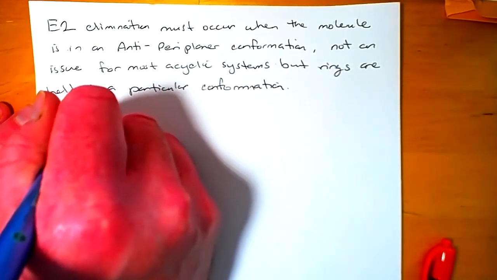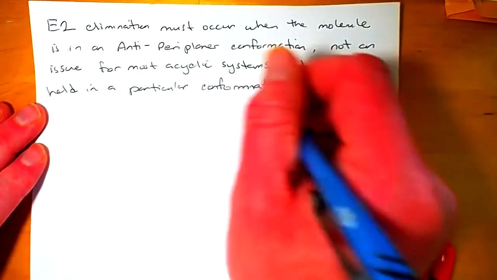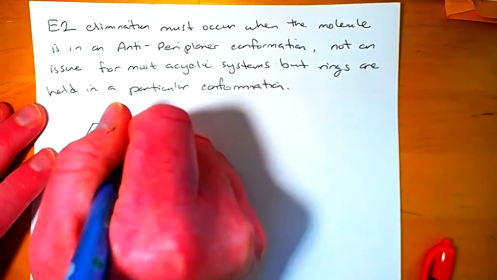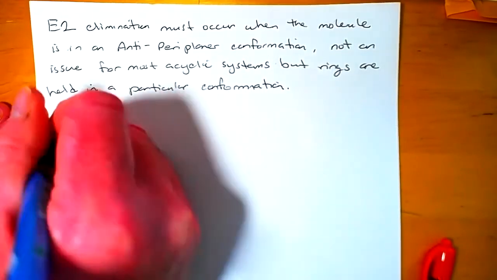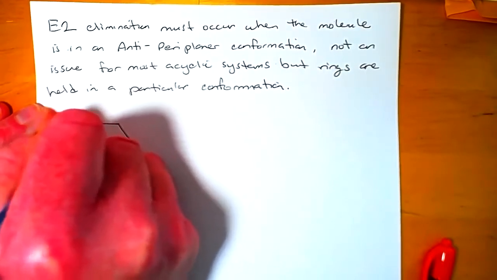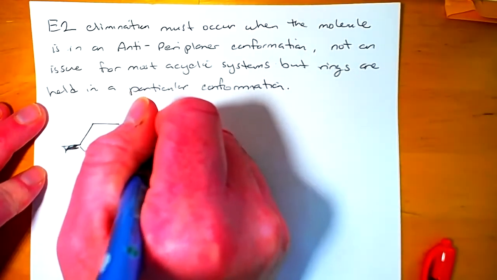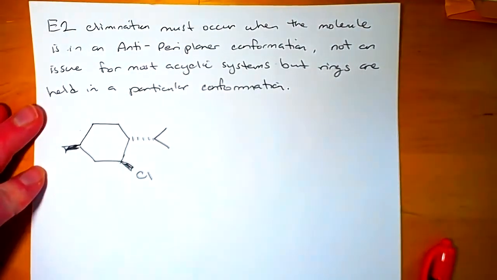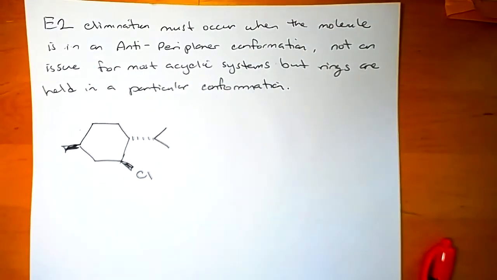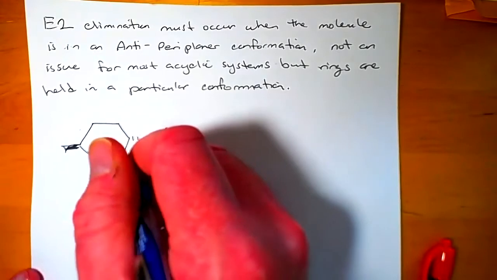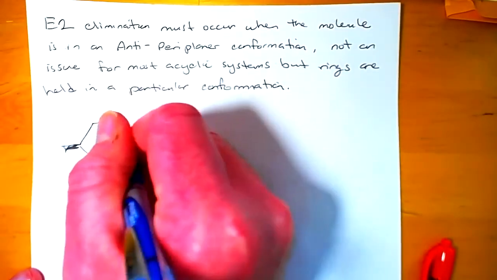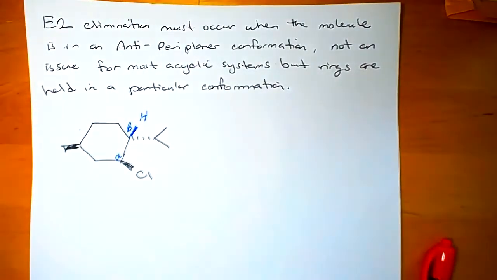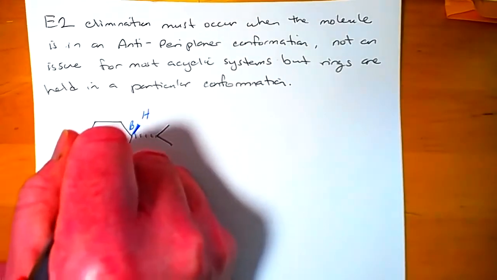So that means that you get free rotation around sigma bonds, but if it's held in a ring system, like one of these cyclohexane systems, well, that's not always the case. If you look at this compound, we've got two beta hydrogens. So here's your alpha, here's your beta. There's a beta hydrogen right here in my pencil head, and there are also beta hydrogens over here as well.